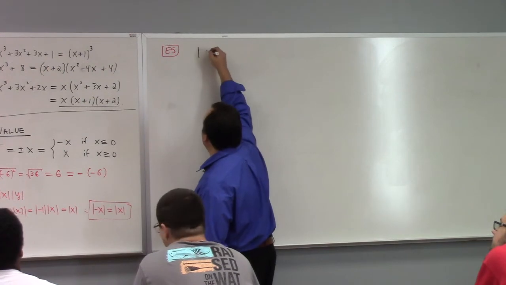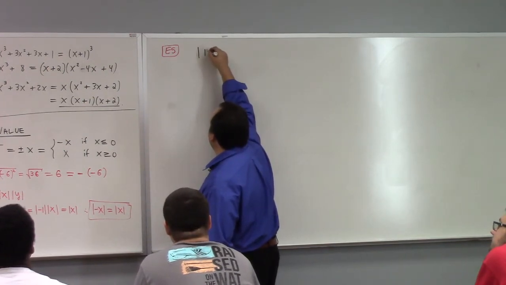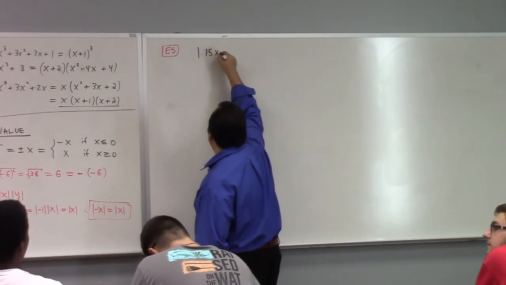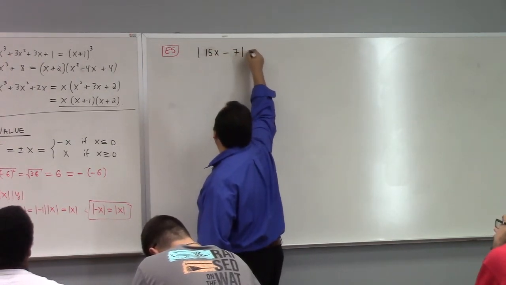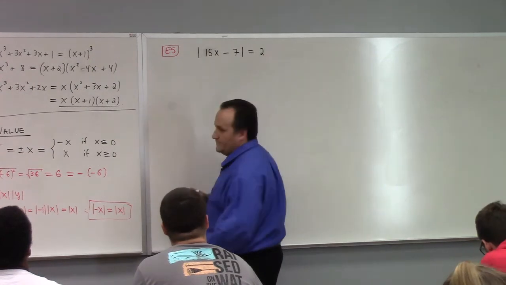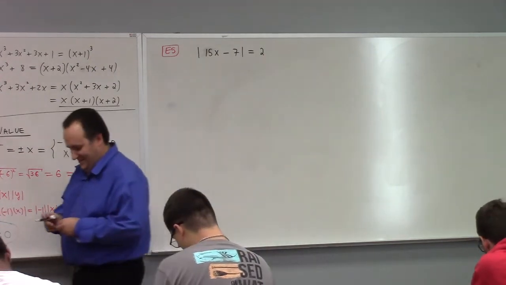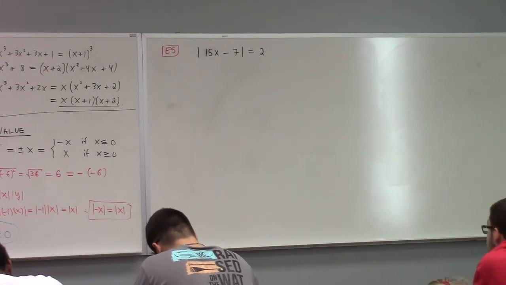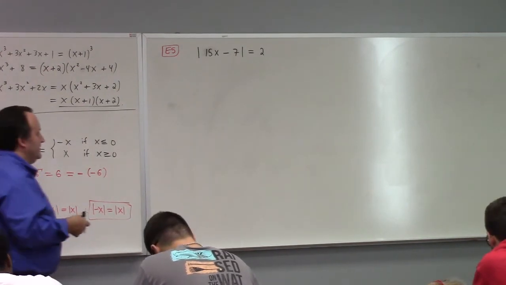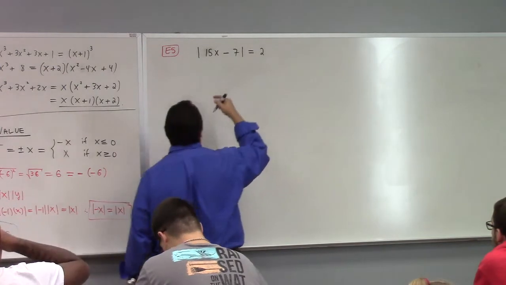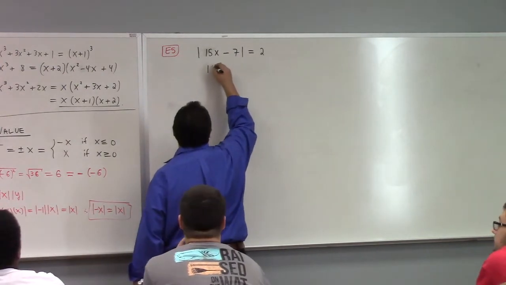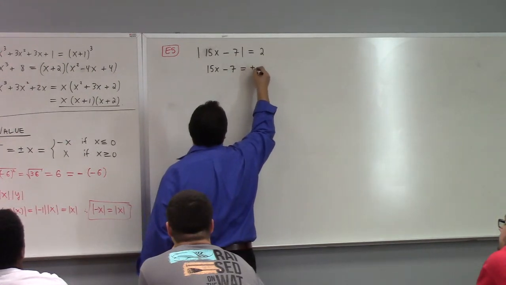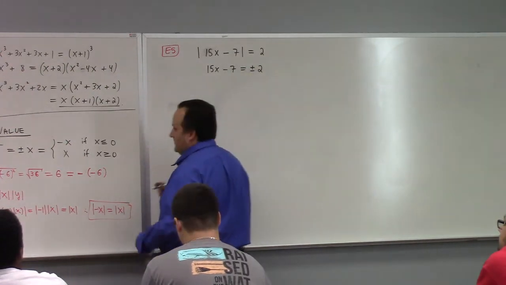The absolute value of 15x minus 7 equals 2. How do you solve this? There are 2 usual ways. I'll show you both. So 15x minus 7 equals plus or minus 2.